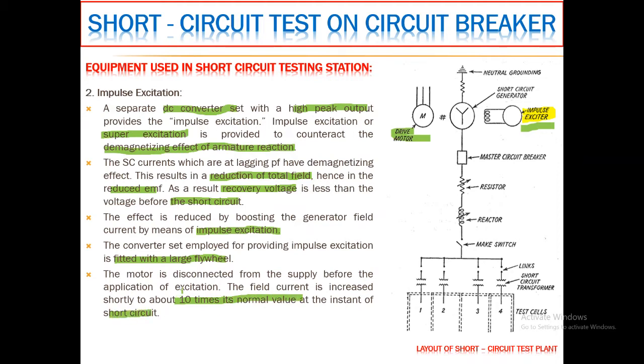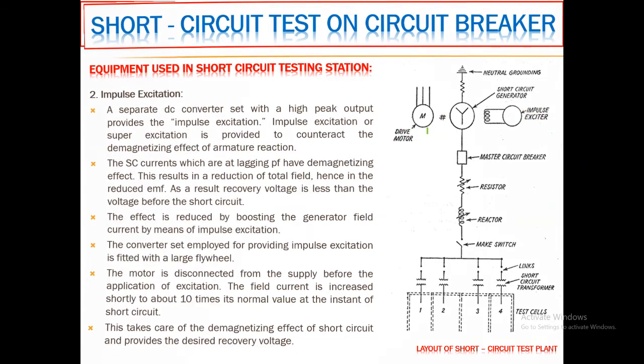Okay, so you can imagine the tremendous forces that may be observed at this coupling. It may destroy the shaft of this machine as well. So to prevent damage to these driving mechanisms, the motor has to be disconnected before the application of the impulse exciter. Okay, so this takes care of the demagnetizing effect of short circuit and provides the desired recovery voltage.